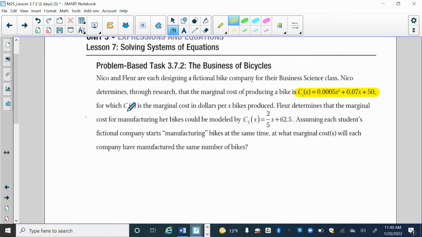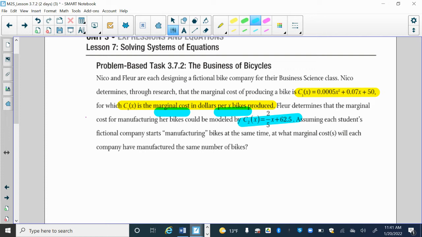And it says C1 of X is the marginal cost in dollars per X bikes produced. And then Fleur has his own, given here, with the same variable ideas, where C2 of X is going to represent his marginal cost for X amount of bikes.